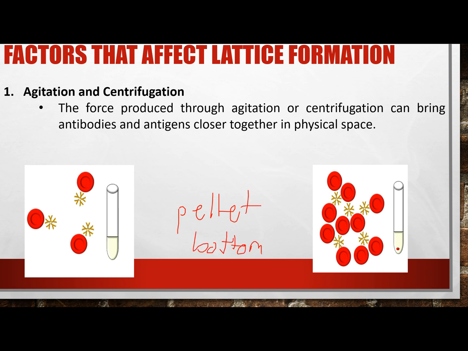This pellet is produced by the compactness of the different substances found in your sample. So the more antibodies and antigens present, the more compact it would be, and that would lead to lattice formation. That's why in your laboratory, most of the time, you're going to perform centrifugation. So take note of that.